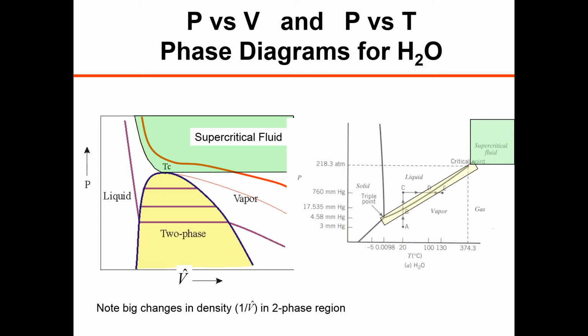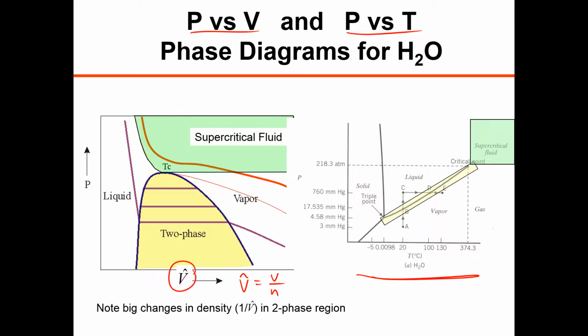We also have talked about a pressure versus volume. I just showed some pressure versus temperature, but this is pressure versus reduced volume. Now remember that reduced volume is equal to volume divided by the number of moles.